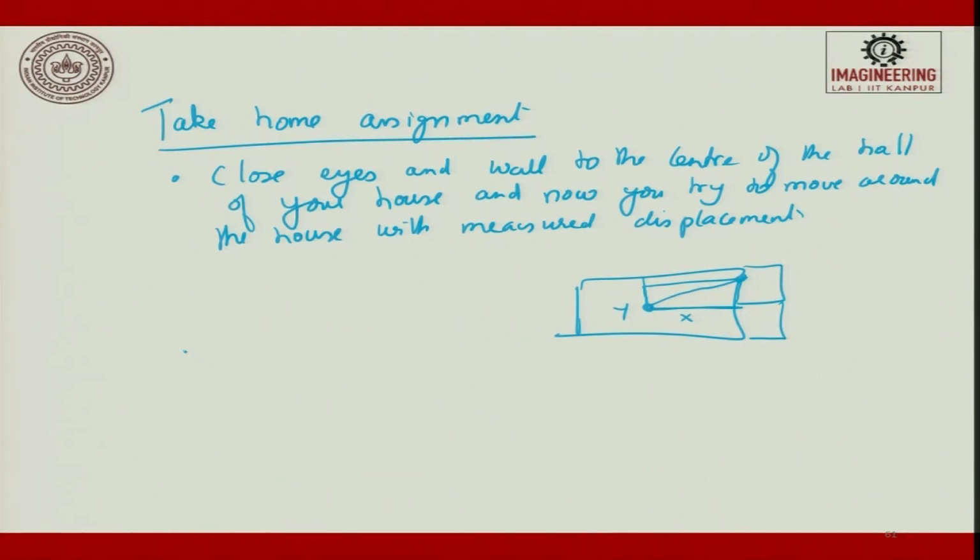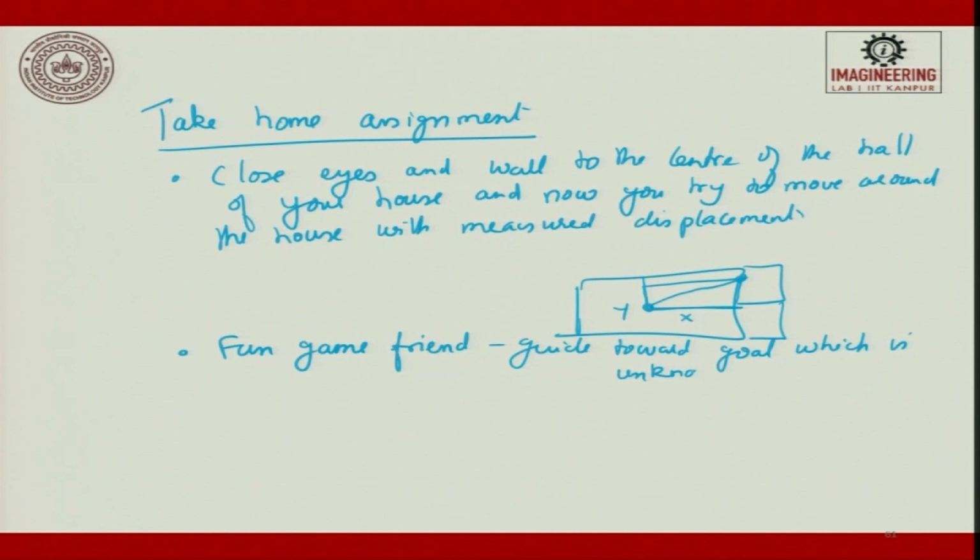Also try to have a fun game with your friend, wherein your friend keeps guiding you towards a goal which is unknown to you. A computer behaves the same way. All you have to do is give it that information such that it goes there.